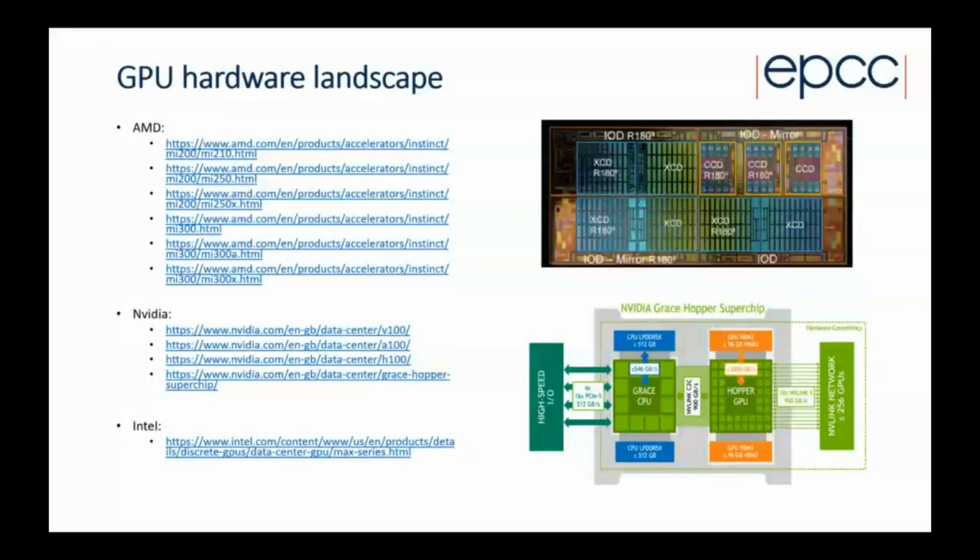For UK access to Grace Hopper, I believe Bede has a number of these available on a test service, or it is the Isambard AI service that has Grace Hopper nodes. The other thing I should say to round out my brief overview of exascale services, El Capitan in the US has MI300A GPUs, and they deliver an exaflop of performance, and that was announced.